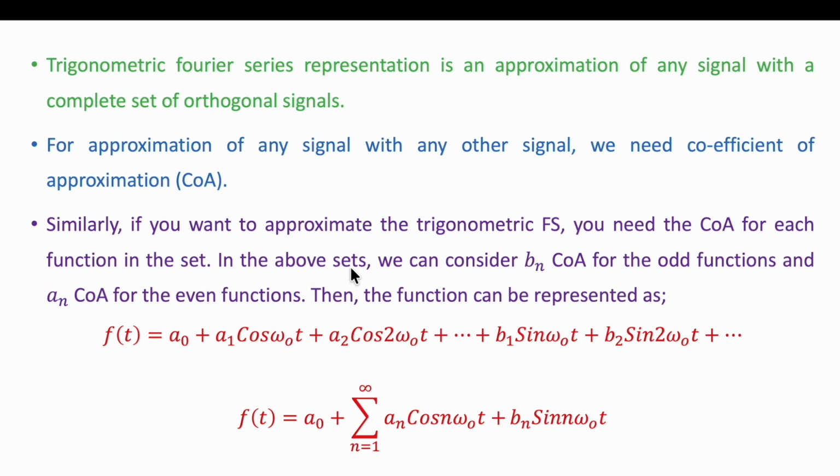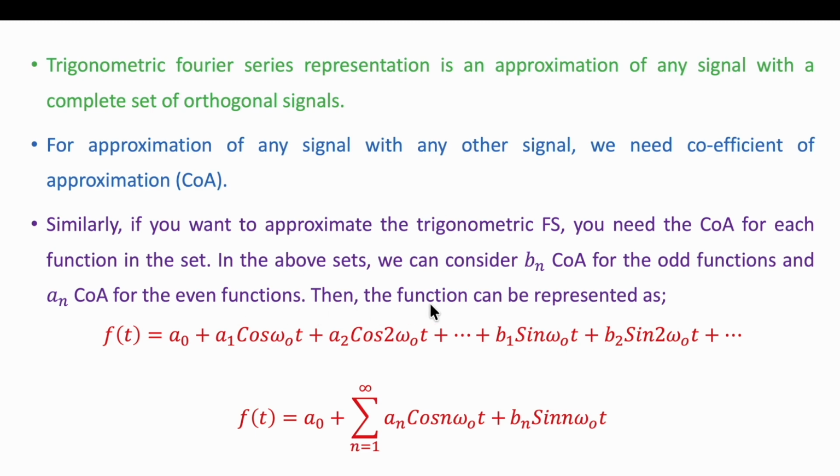In the above set, we can consider Bn as the coefficient of approximation for the odd functions, that is the sine wave, and An as the coefficient of approximation for the even function, which is the cos wave.